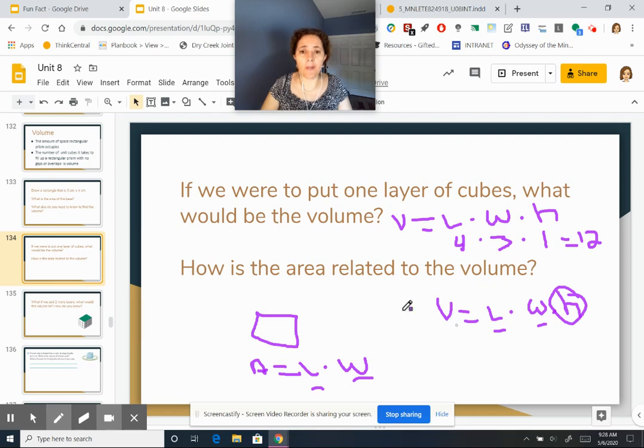Area is a flat shape and volume has to do with a three-dimensional shape, and we use cubes. So if you know the area, then you can also do the volume. All you need is the height. So if you know the area of something, you can also find the volume by knowing what the height is, okay?